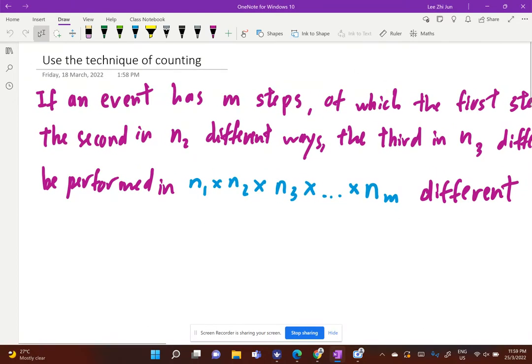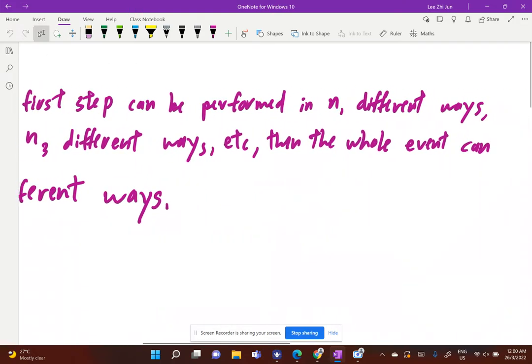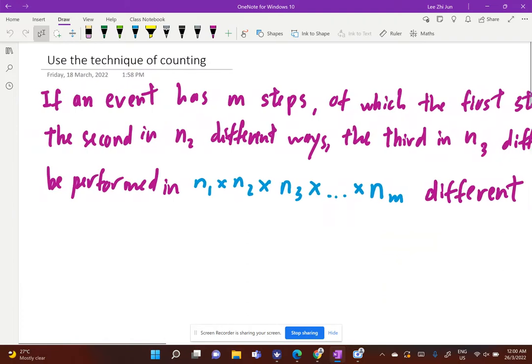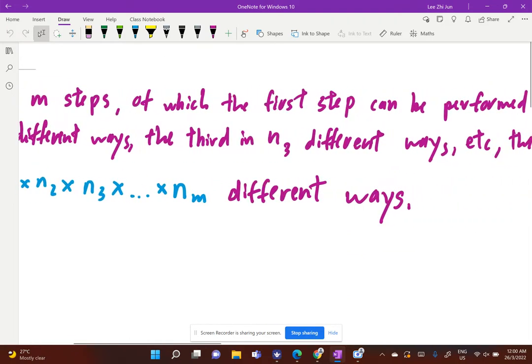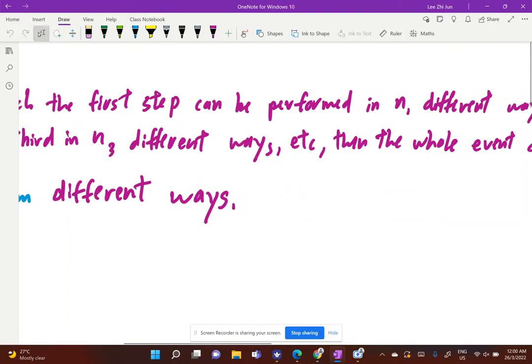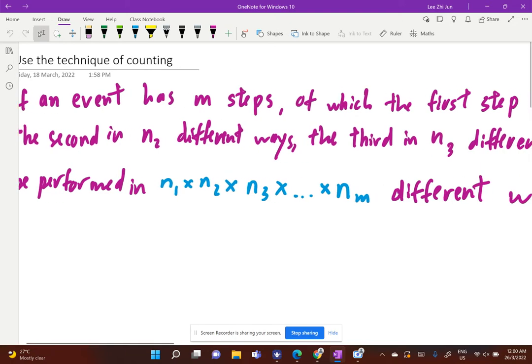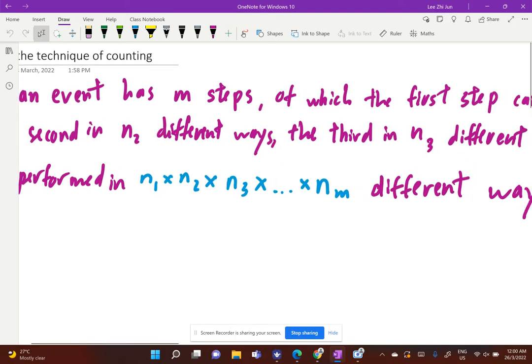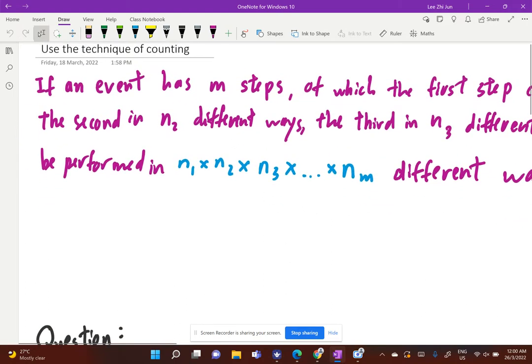If an event has m steps, of which the first step can be performed in n1 different ways, the second in n2 different ways, the third in n3 different ways, and so on, then the whole event can be performed in n1 times n2 times n3 times ... times nm different ways. So it's easy. Let's just go to the question.